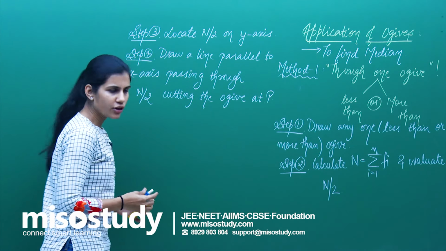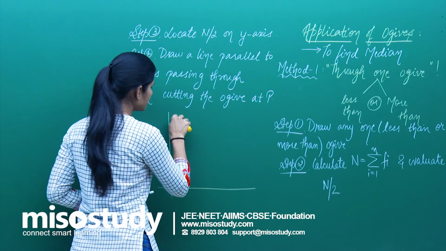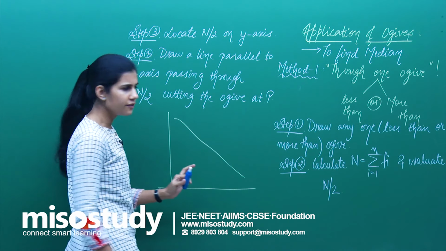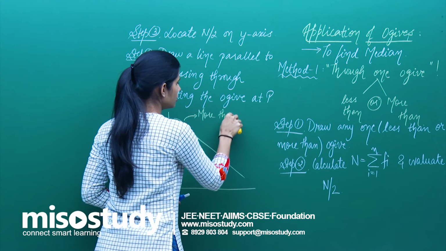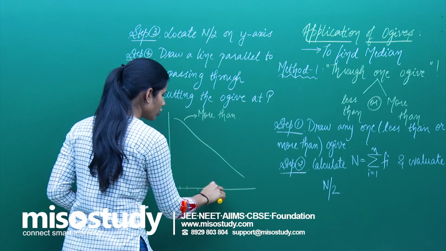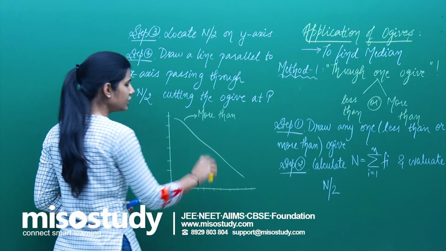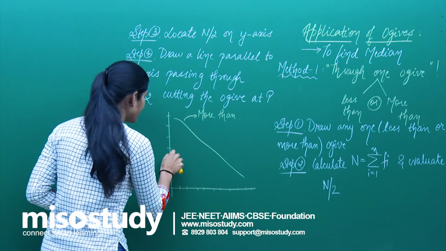What I am trying to say is, suppose this is somehow your ogive. Say this is the more than ogive. I have drawn the more than ogive. So here you will be having the lower limits written of all the class intervals and corresponding cumulative frequencies will be written over here. You find out capital N and locate N by 2 on the y-axis.